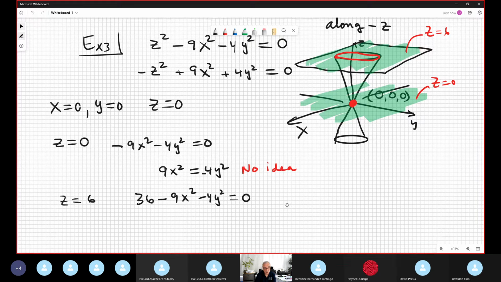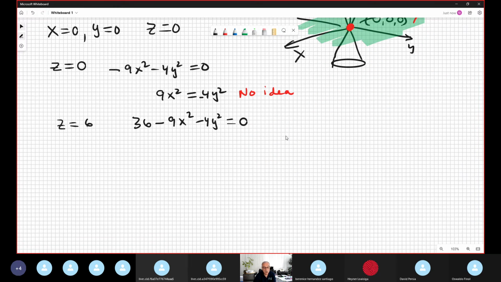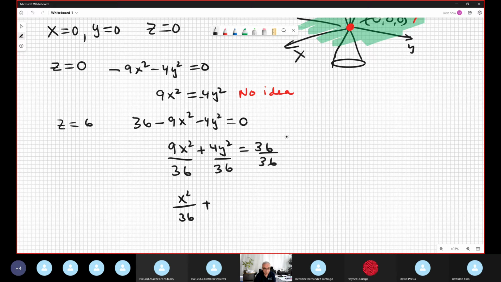Okay, so now this looks like a conic section, exactly what we are doing in conic algebra. You multiply by -1, you move 36 to the other side, 9x squared plus 4y squared equals 36, divided by 36. Entonces x squared over 36 plus y squared over 9 equal 1. Wow, ellipse again.